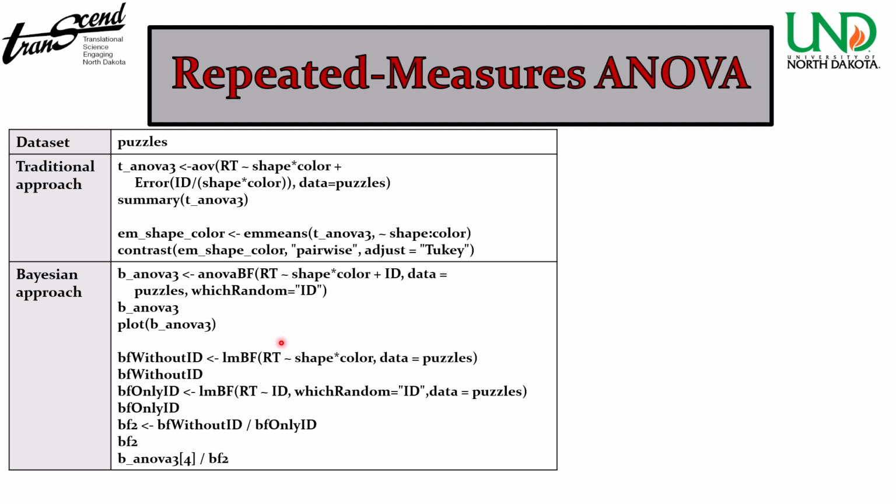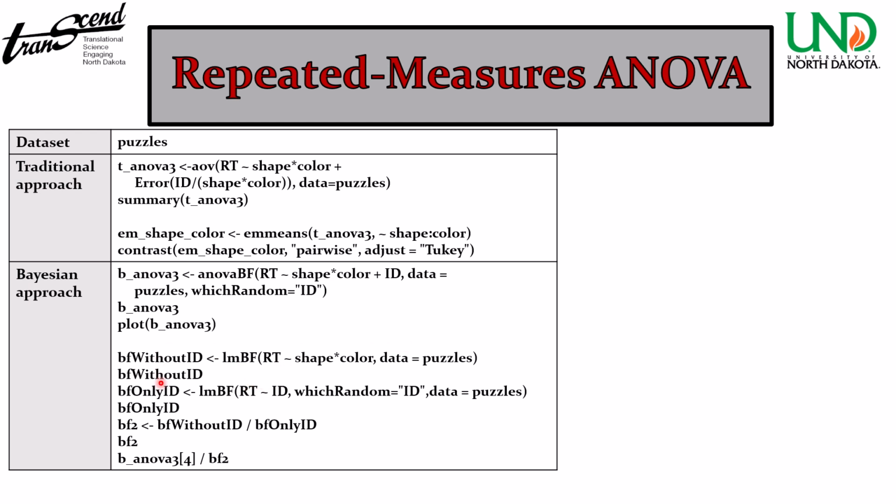You can plot things, and because of how Bayes factor by default sets up the null model, you can actually set up what null model you want to use. So you can do things like create a model without the random effects, without that ID term.